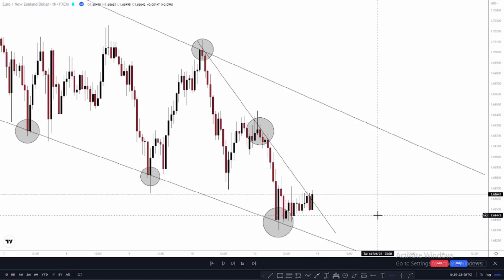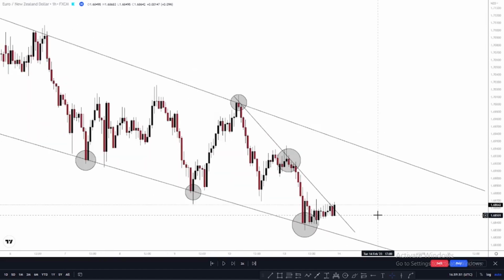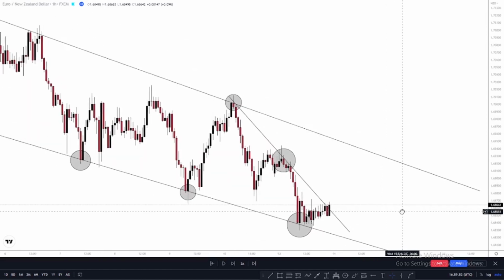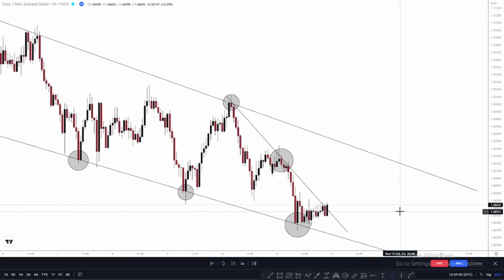And what candlestick did price break out with? A bullish engulfing candlestick. Look at that candlestick. Look at the bottom of that candlestick. We can see no wicks, meaning sellers are weak at that point. Sellers couldn't push price below. And also the bulls are in control of the market at this point.